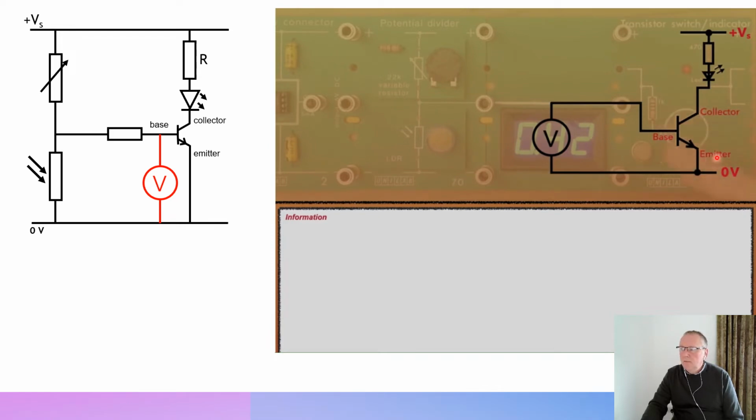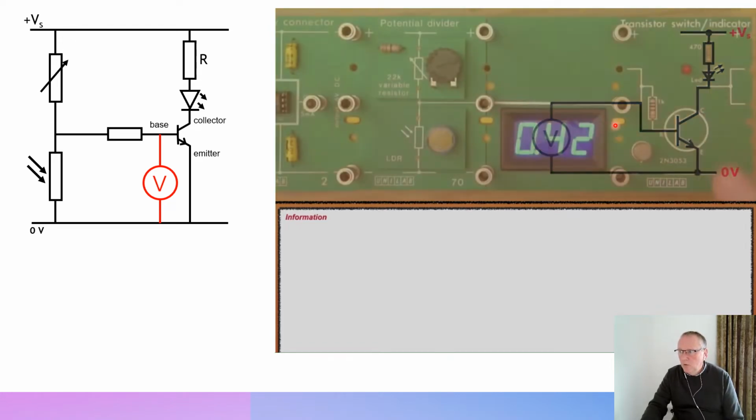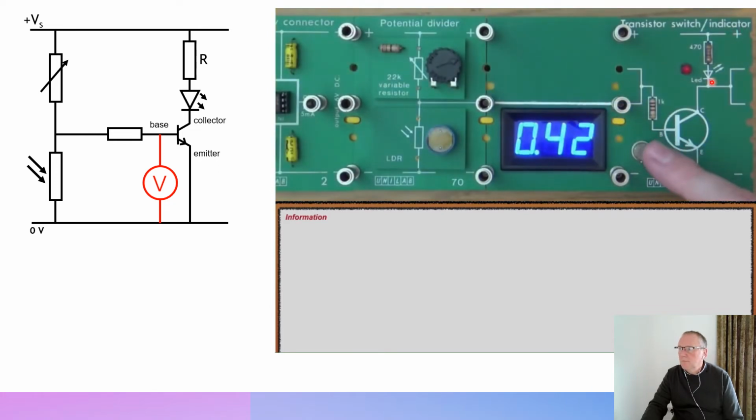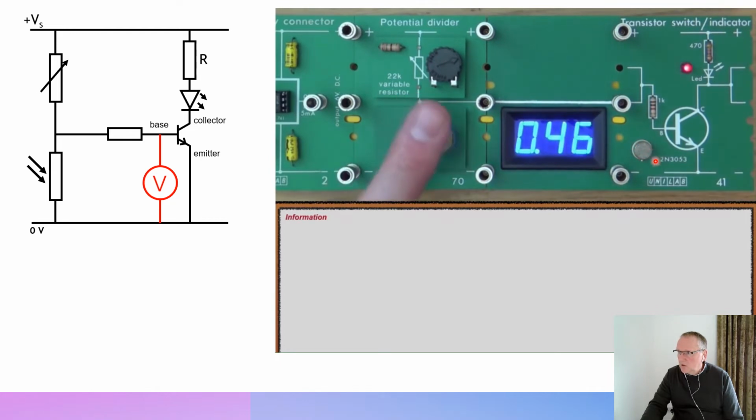Now you've got base, emitter and collector, and the voltage is between the base and emitter, but you don't need to memorize that too much. You just need to remember that's the input voltage to the transistor. And that wee thing there that I'm just pointing to is the actual transistor itself.